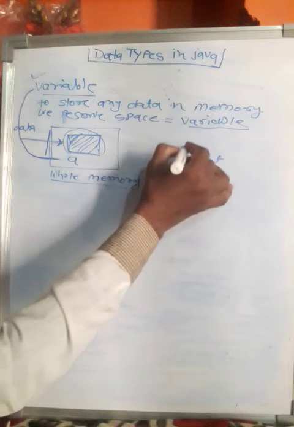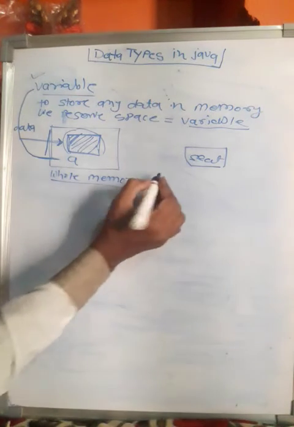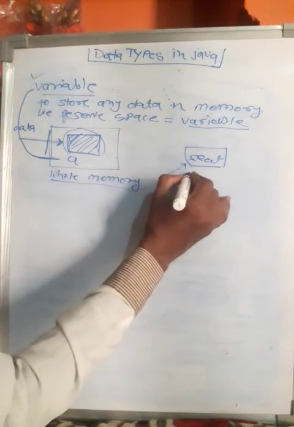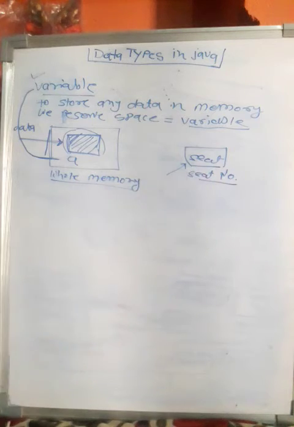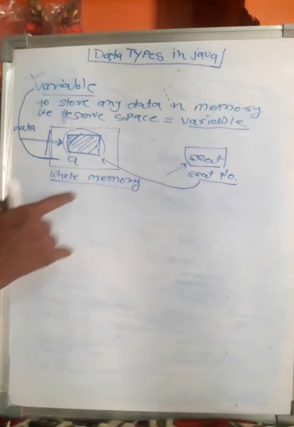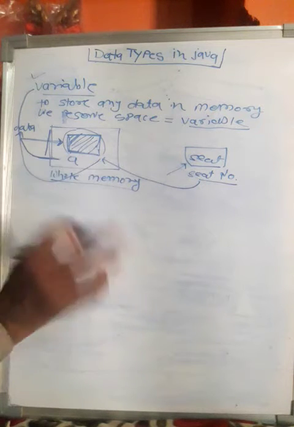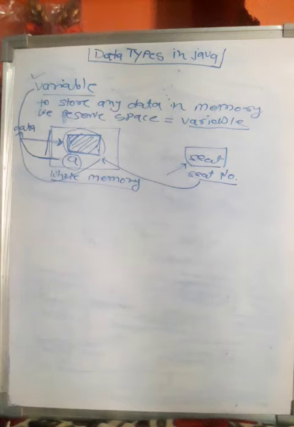That means we reserve some space, and that space has a specific name, the seat number. Similarly, here we reserve a space to store this data and give it a specific name, for example A.